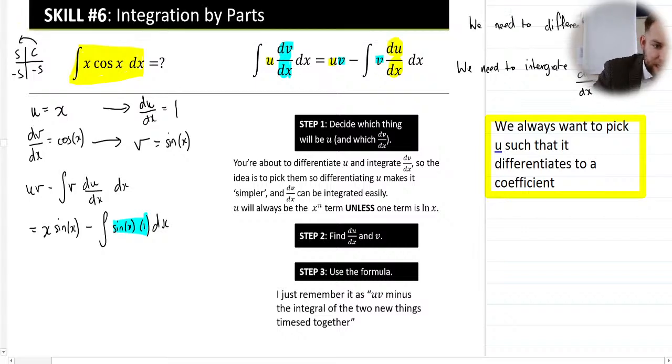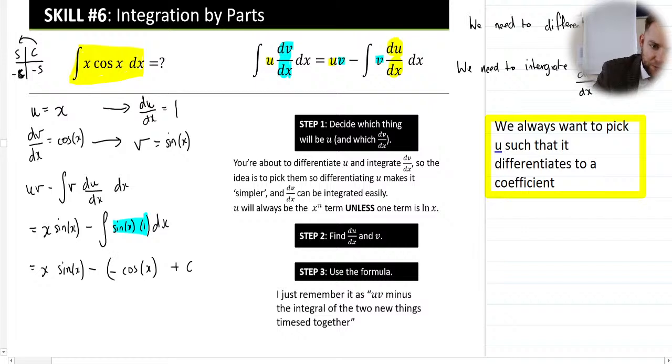So it's going to be equal to x sine x minus the integral of sine x, which is going to be minus cos. The integral of sine x is equal to minus cos of x plus c.